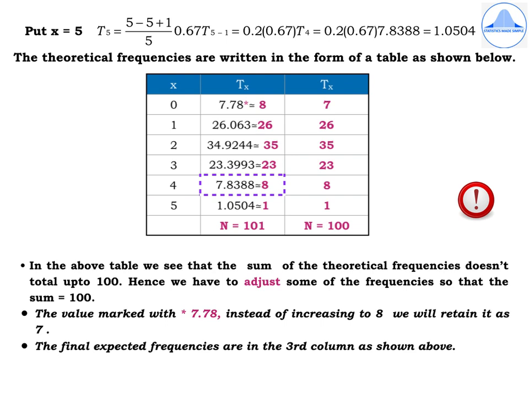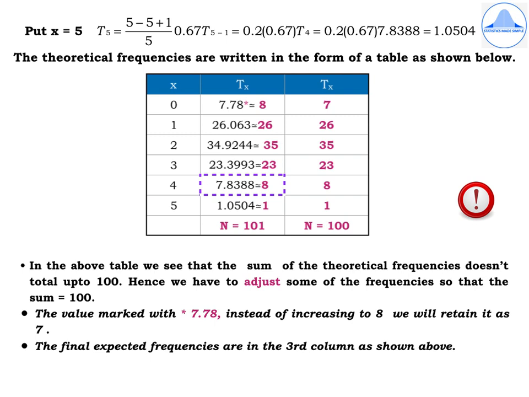Now keep in mind that if the value after the decimal is greater than or equal to 5, then we increase the value by 1. Otherwise, the value is retained as it is. So following this rule, 7.78 is increased to 8, 26.063 is retained as 26, 34.9244 becomes 35, 23.3993 is retained as 23, 7.8388 is increased to 8, and 1.0504 is equal to 1.